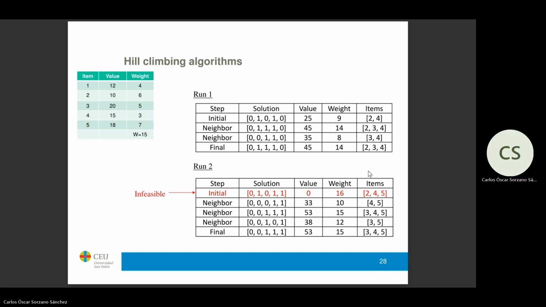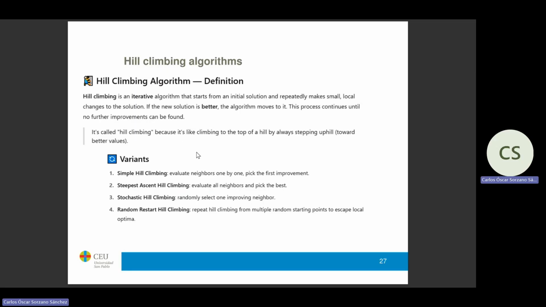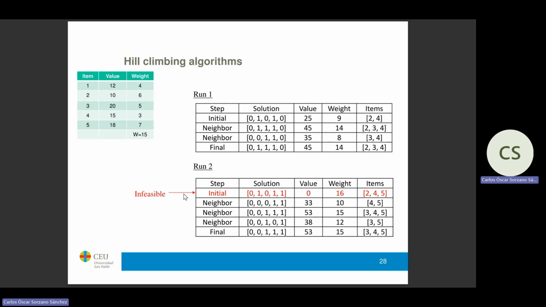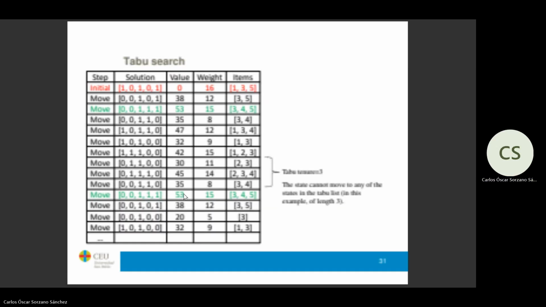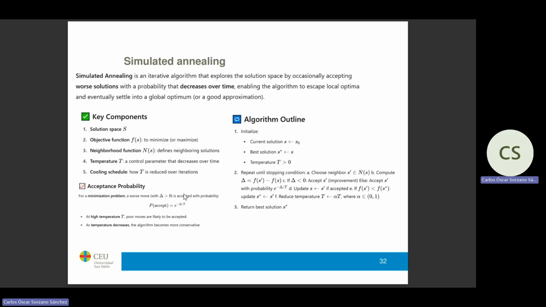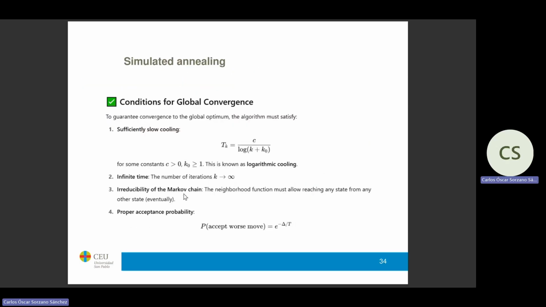Hill climbing has some stochastic side: you may choose one of the improving neighbors at random, and that seems to be good. And here simulated annealing is completely random. So having random things when you are exploring the space of solutions seems to be a good thing.